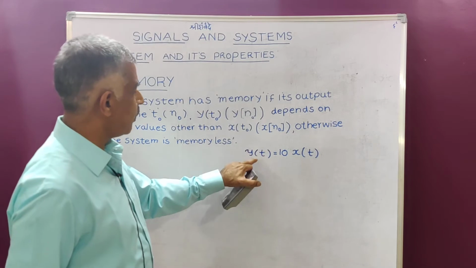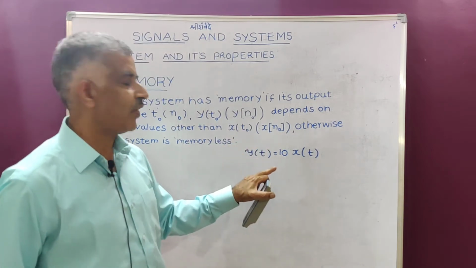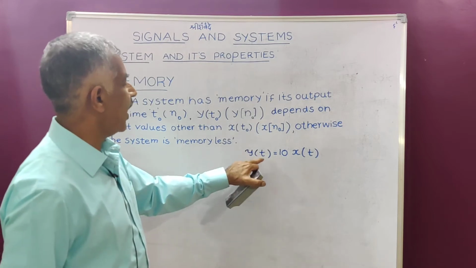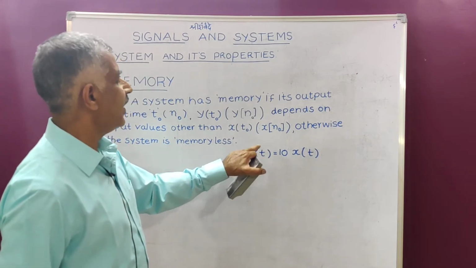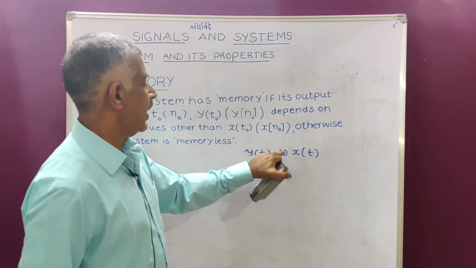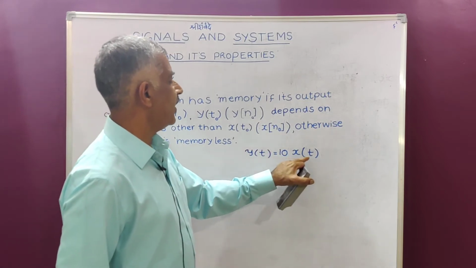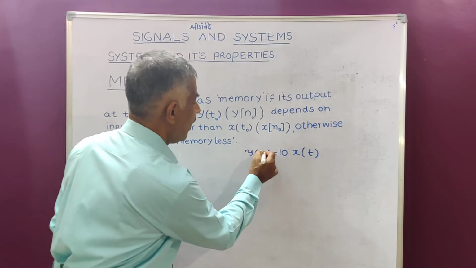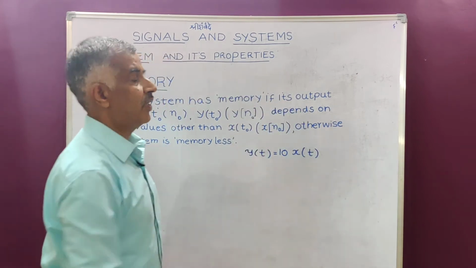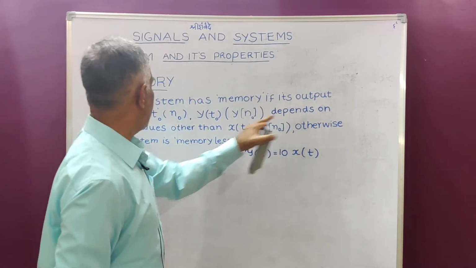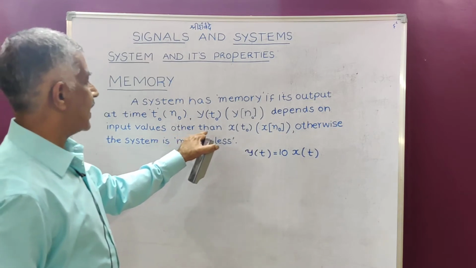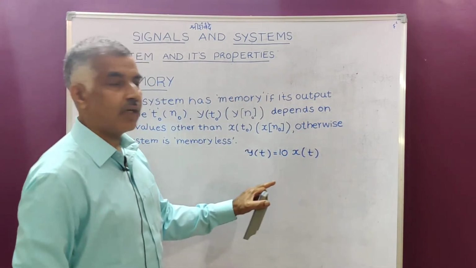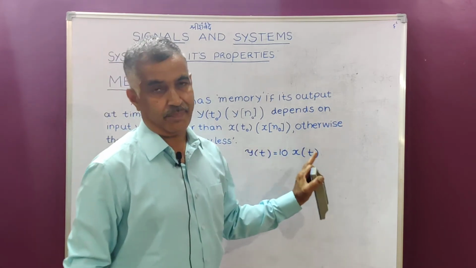In this expression, on the left hand side we have y of t, the output at any time t. The output at any time t is 10 times x of t. Here also we have t. The definition says depends on input values other than t0. Here it is not other than t.